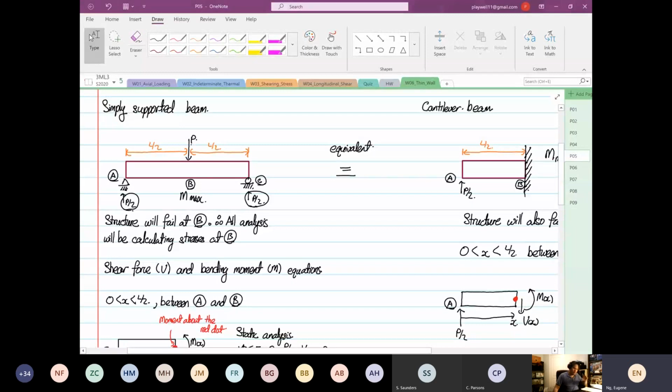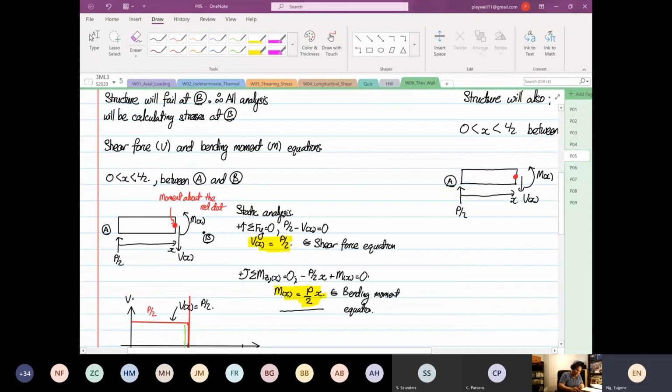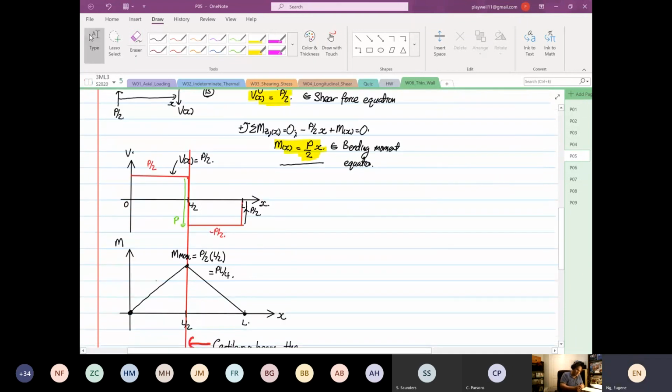So that's why when we do structural analysis of a simply supported beam, we only consider one side. We don't consider the other side at all. It's redundant. Why? Because as you can see, on the left and the right, the highest magnitude is still at the center. So that's why we analyze structural failure where the maximum bending or shear force is acting.